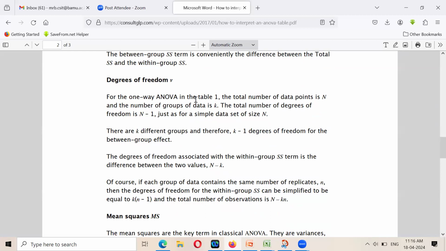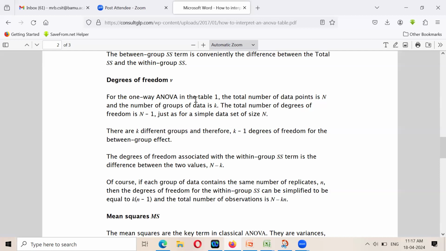Okay, so for one way ANOVA in the table 1, the total number of data points is n and the number of groups is k. So the degree of freedom is n-1, where n is the number of data points minus 1, and k is the different groups, so k-1.